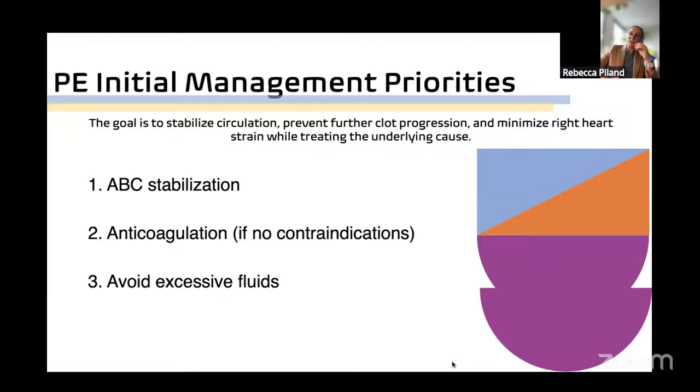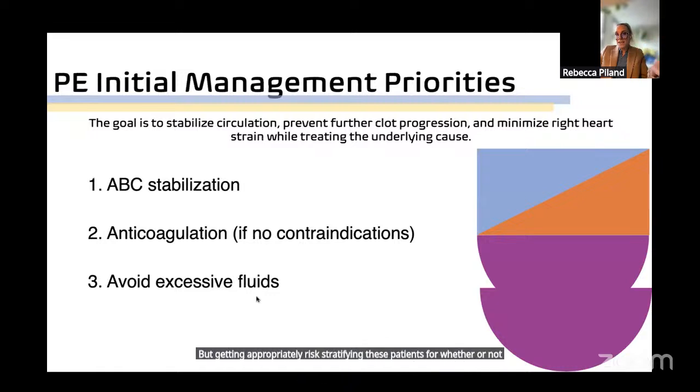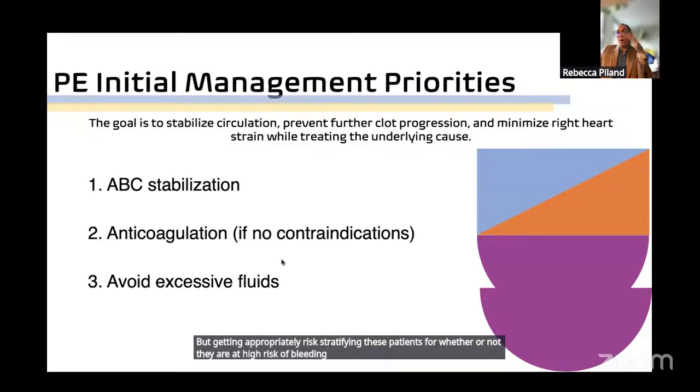But it's important to appropriately risk stratify these patients for whether or not they are at high risk of bleeding, and then appropriately anticoagulate to help prevent the propagation of further clots.